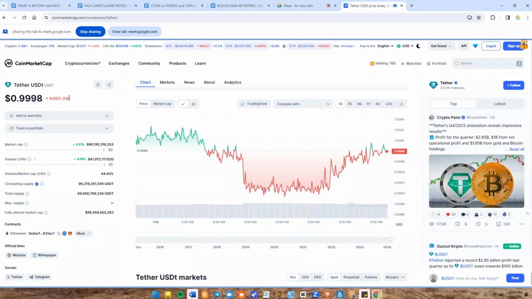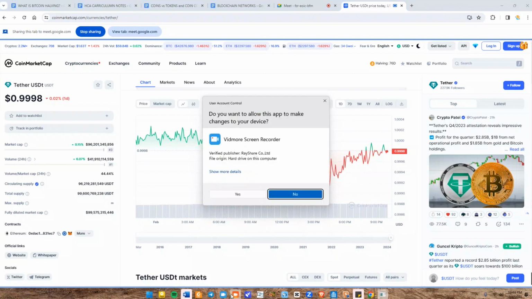Can everyone go to Trust Wallet now? I believe we have our Trust Wallet on our phones. If you go to your Trust Wallet and open it, then under home, you click receive, then you search USDT. Let me just do that. Let me just display that from my phone so that everyone can see. I need to launch this app.